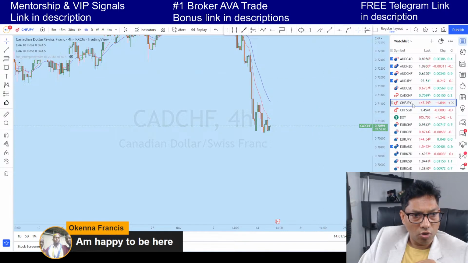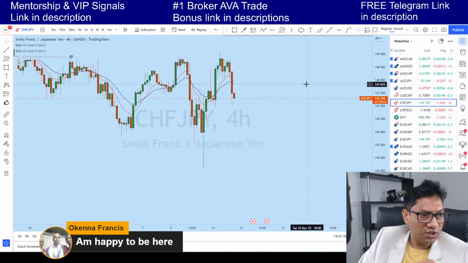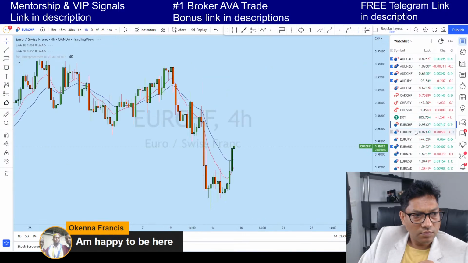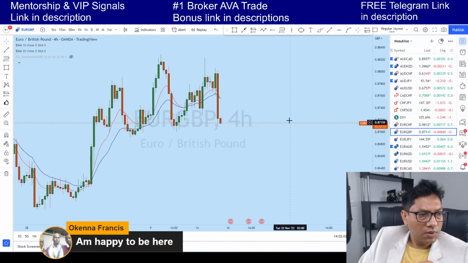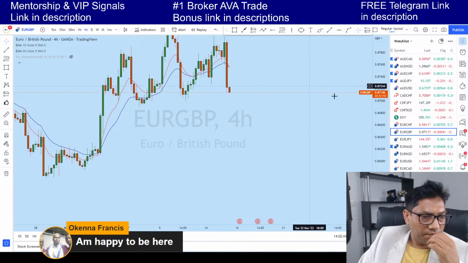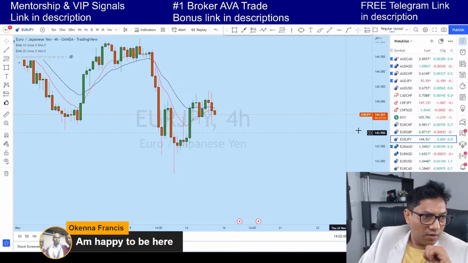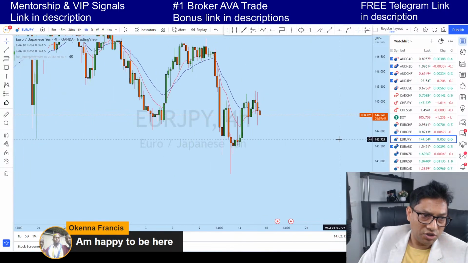I'm just looking at all of those pairs to see which one is doing what. Euro GBP has a strong rejection. Euro JPY also had a strong rejection, so Euro JPY is now creating bearish price action.